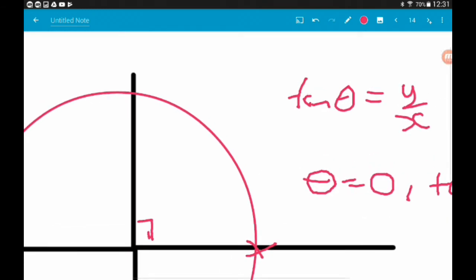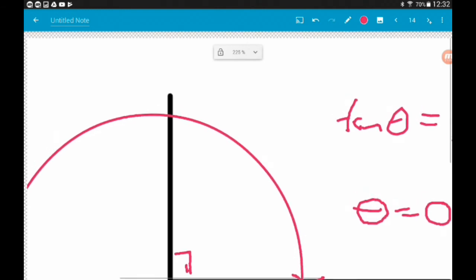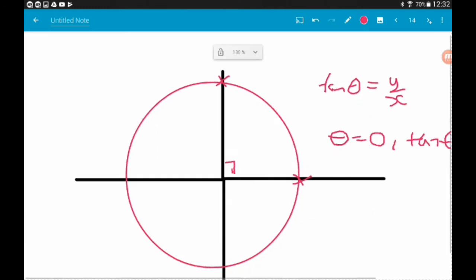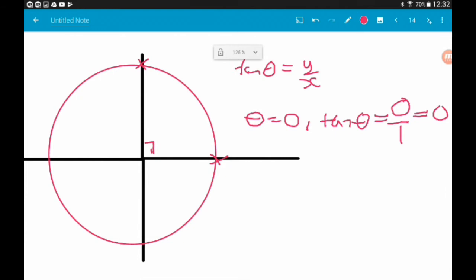Let's go up to 90 degrees. Stylus is running out of life. Good times. So when theta is 90 degrees, we are up at this point. Now, we get a little bit of a problem up here. So tan of 90 is, well, our y coordinate is now 1, our x coordinate is 0.